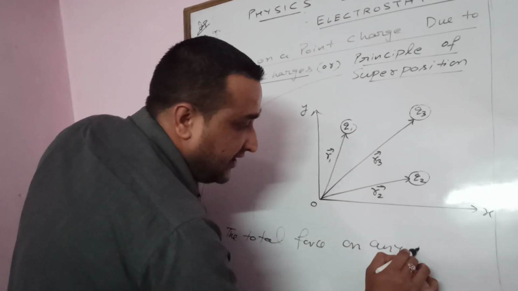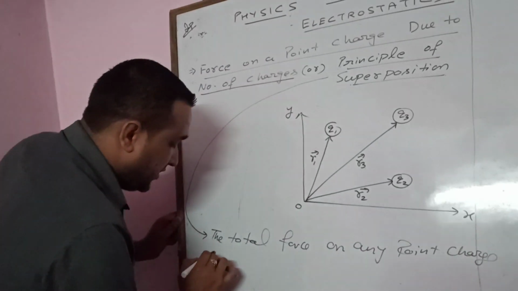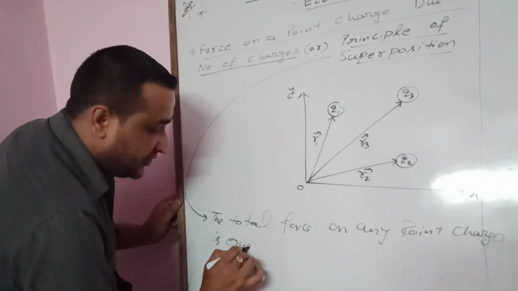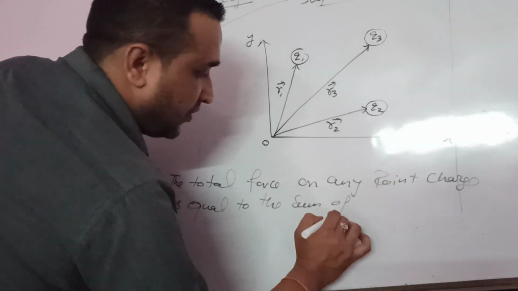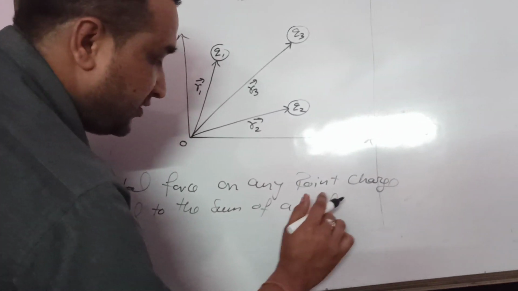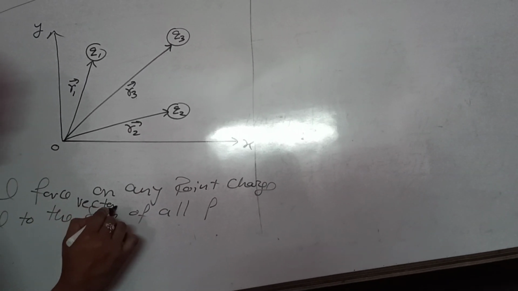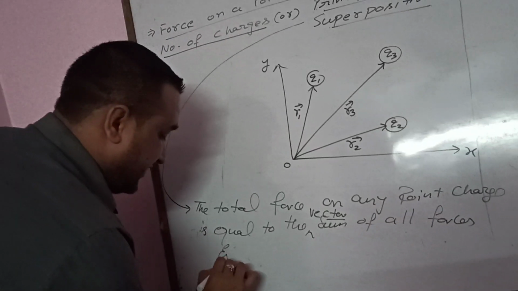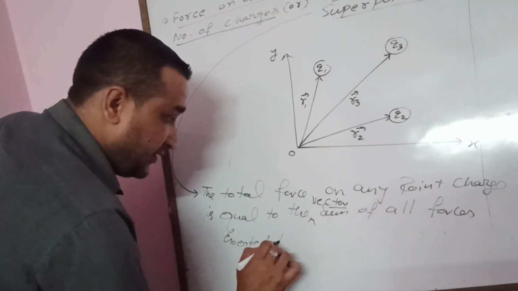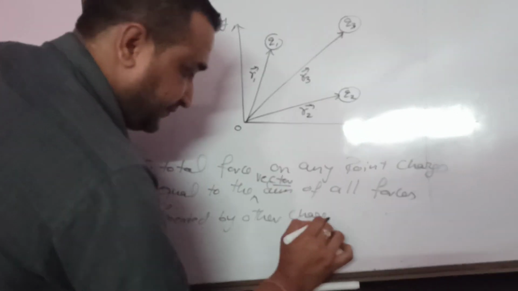on any point charge is equal to the vector sum of all the forces exerted by the other charges.